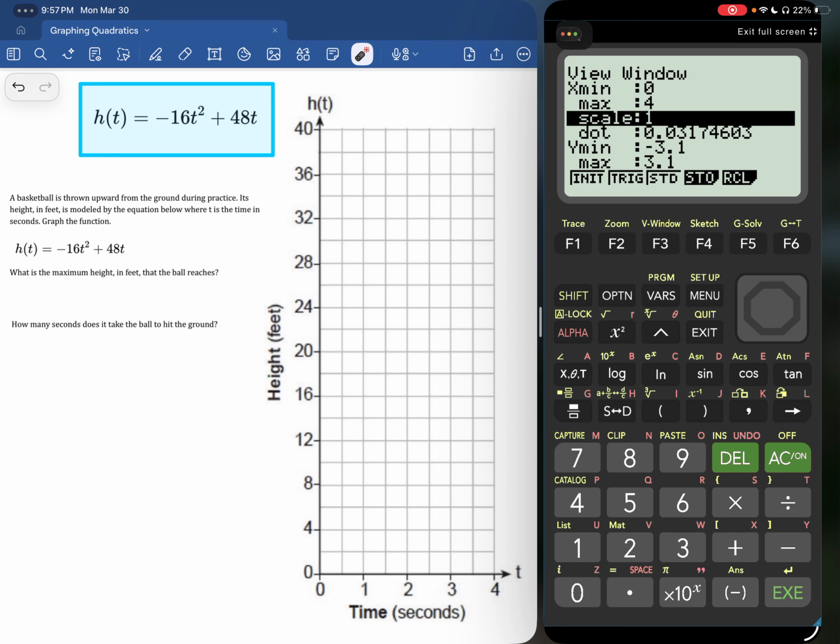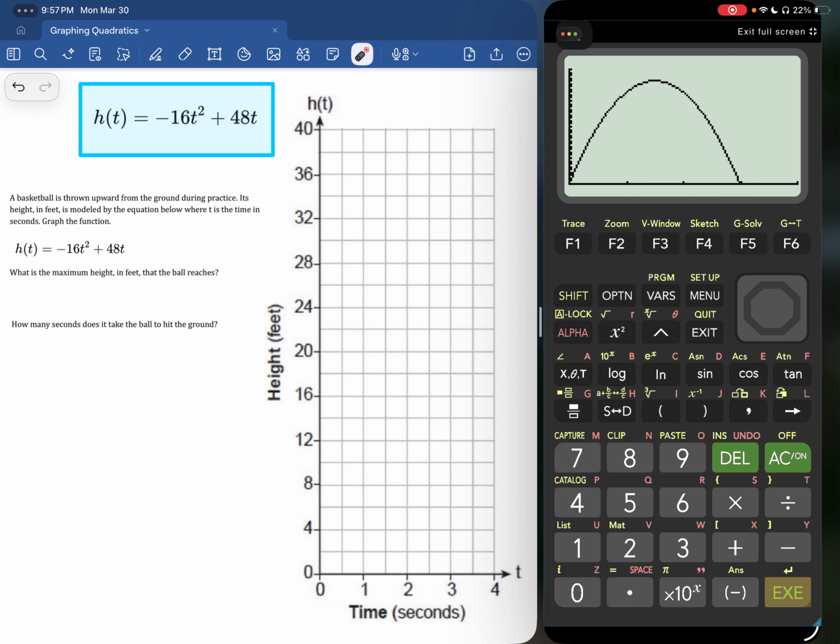Next, I want to make my y min 0 as well, and then I want to make the y max 40. Hit enter like 3 times, and now on your calculator screen, you're able to see the entire graph of this specific quadratic function, right? Now you know that it's opening downwards, so you're going to have a max, right?